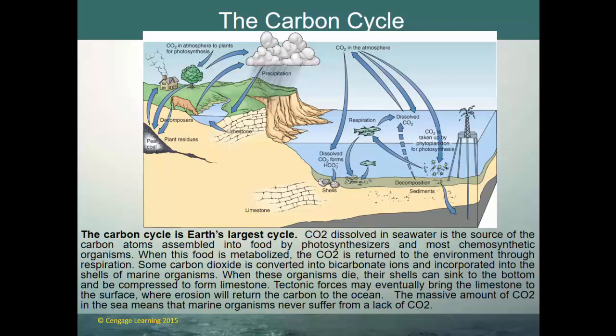That limestone may sit at the bottom of the seabed for hundreds of millions of years, or tectonics may force the limestone back to the surface, where once it is exposed, erosion can take that carbon back down into the ocean. It can return the carbon to the sea. So massive amounts of CO2 in the sea means that marine organisms never really have to suffer from a lack of CO2.